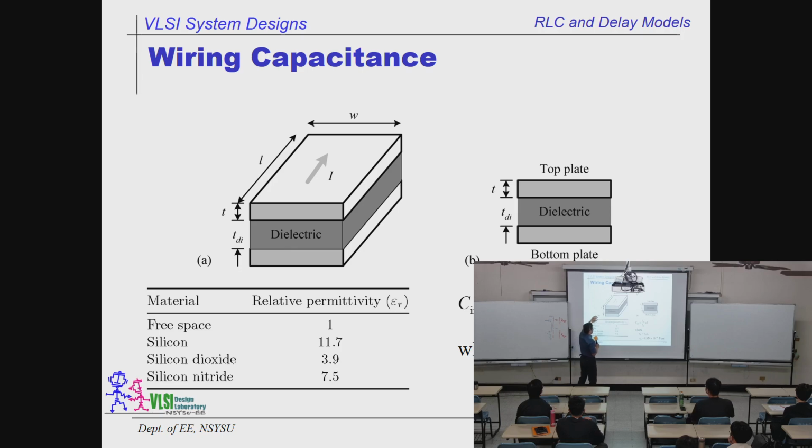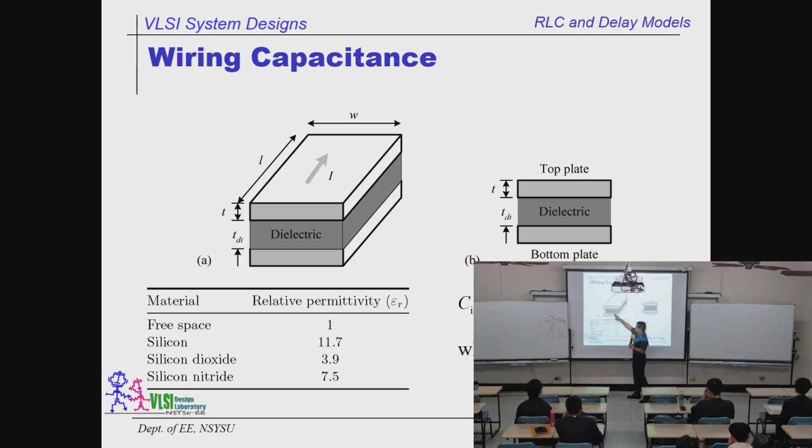And the space between these conductors is called the t_di. DI stands for the insulator, which is called a dielectric material. It is an insulator, no charge is allowed to pass. So this is the side view, with the top plate and the bottom plate.